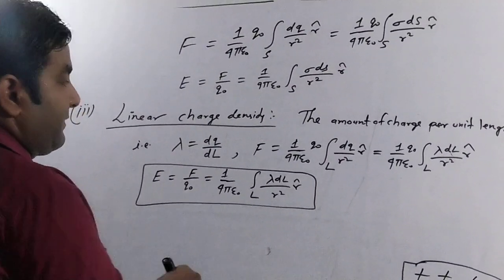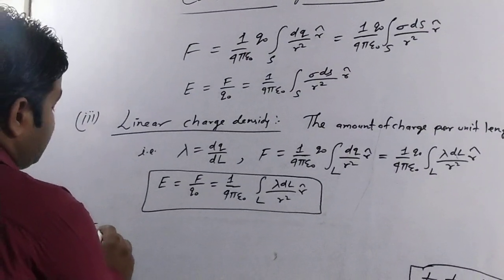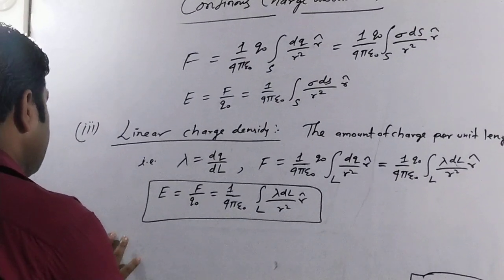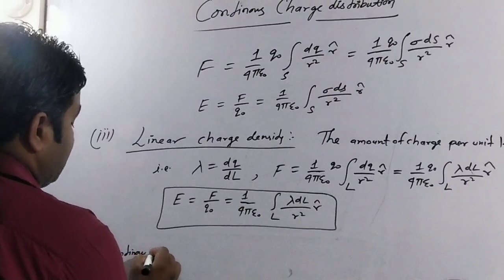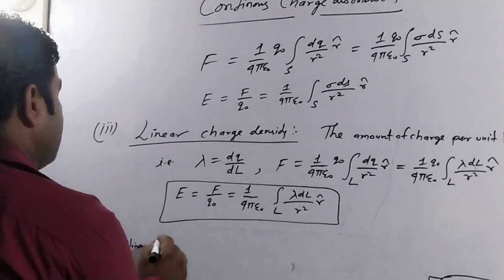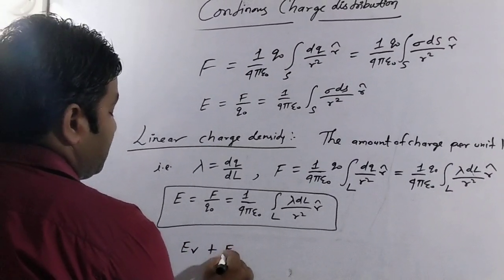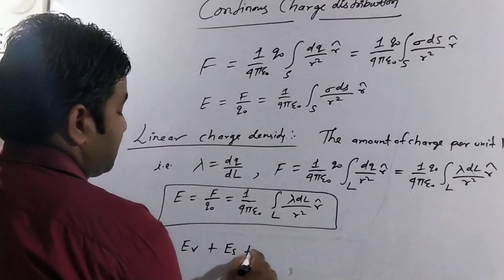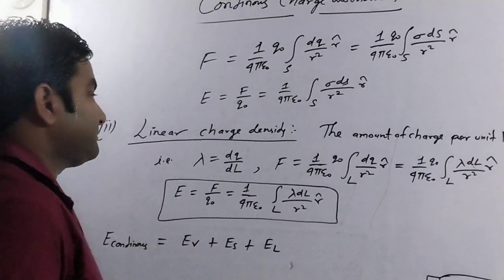So in terms of all three charge densities, we can calculate the intensity. E continuous is equal to E volume charge density plus E surface charge density plus E linear charge density.